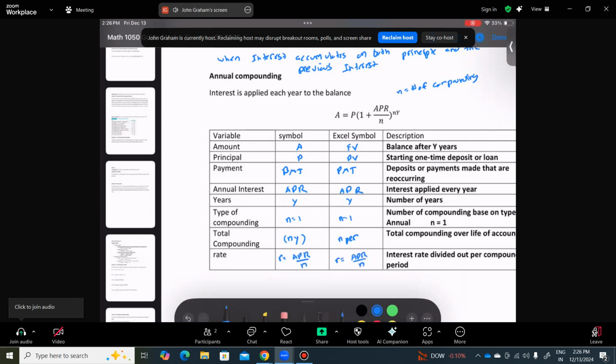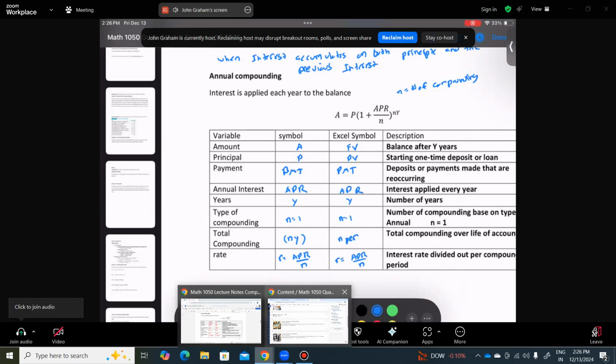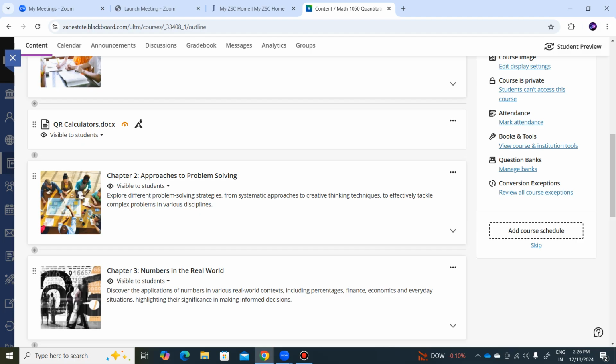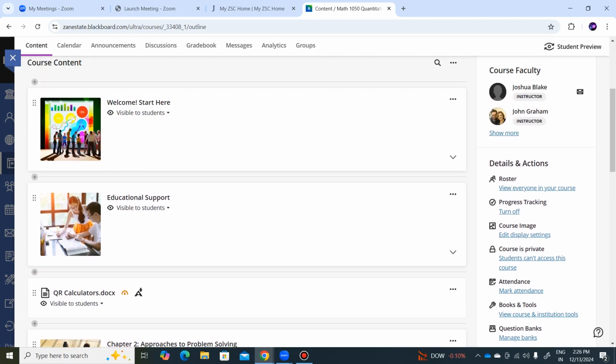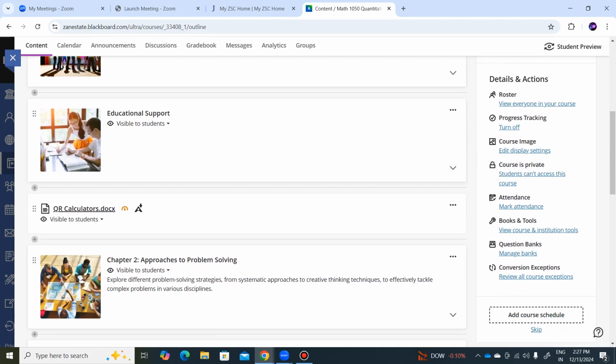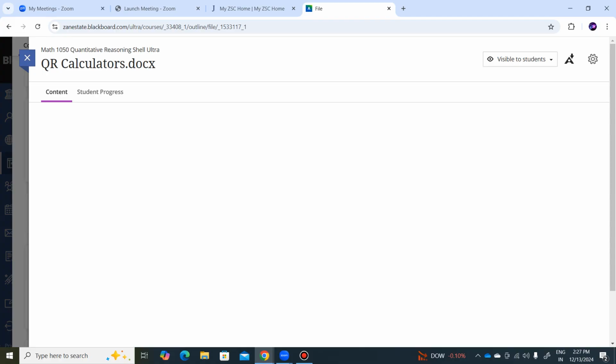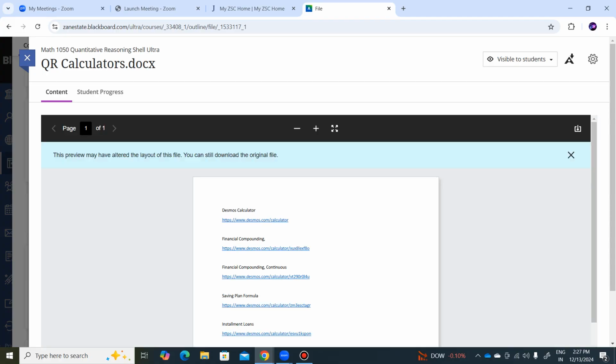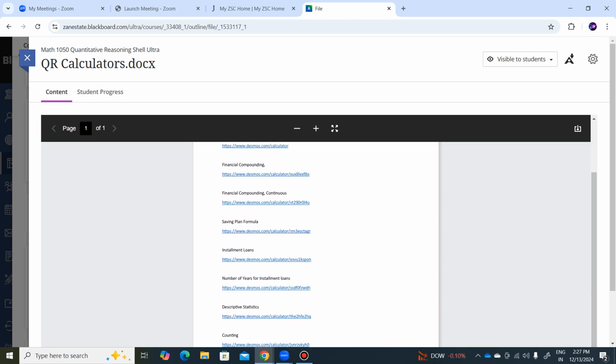Okay, now for Desmos, we have calculators. These calculators are under, if you look on here, you have the start here, educational support. It's the first one before we get into our chapters. It's QR calculators. And just going to open up kind of a Word doc that has the different calculators.